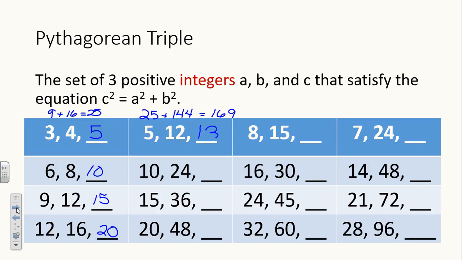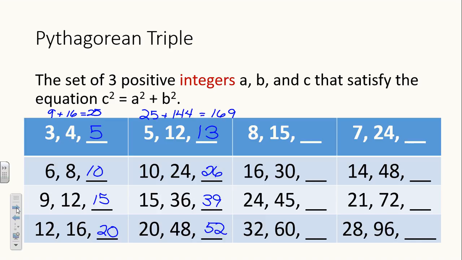So 5, 12, 13 is another Pythagorean triple. And therefore, 10, 24, 26 will be one, 15, 36, 39 will be another, and 20, 48, 52 will be a third. Okay. And we could multiply everybody by 10. 30, 40, 50, right? Okay.